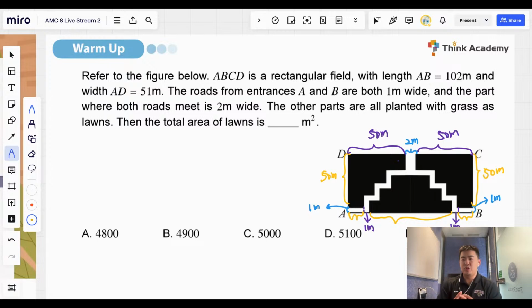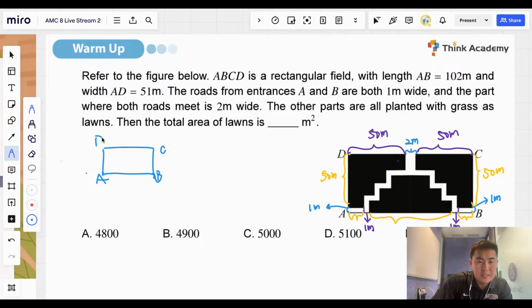So think about it: do you know a figure whose opposite sides are the same length? It's a rectangle, right? Let me draw a rectangle here real quick. Think about our ABCD rectangle. The opposite sides, for example AD and BC, should be of the same length. And CD and AB are opposite sides, equal in length.